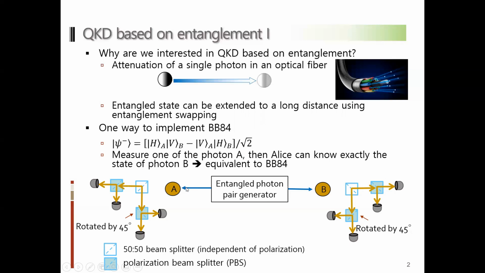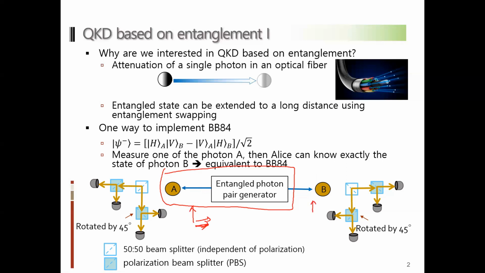So if we consider this part as a single system, then what we can do is implement what happens with sending the single photon in the BB84, because depending on what kind of measurement basis we use for Alice, let's say I use the HV basis, if I measure the value of A along the horizontal polarization, that means that B will be in the vertical polarization.